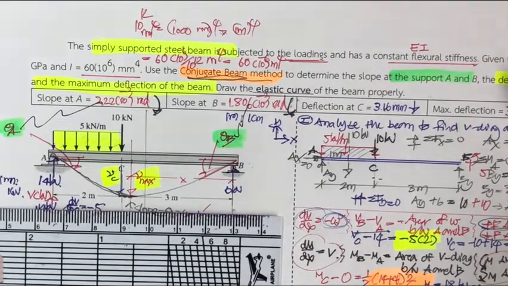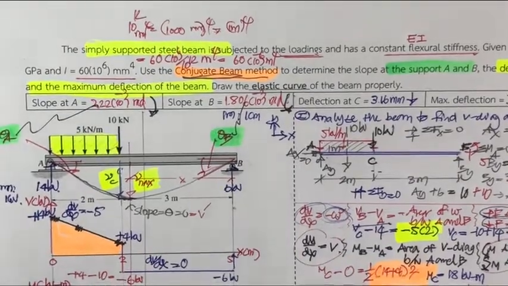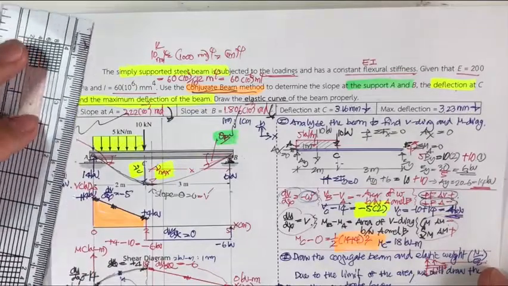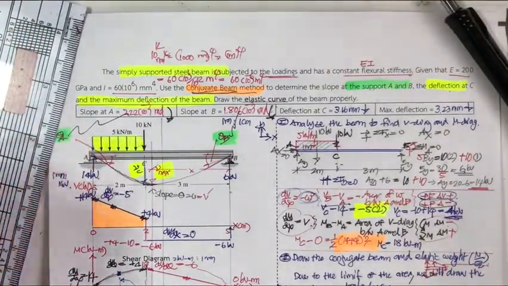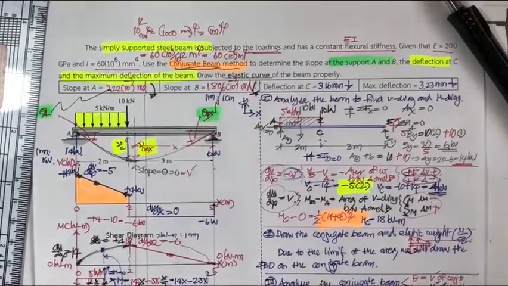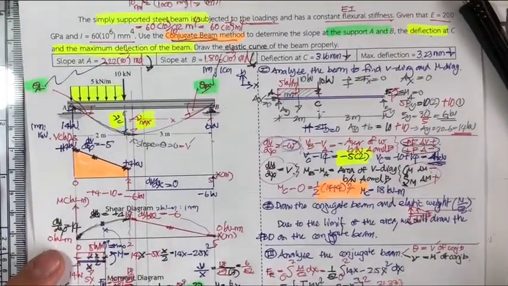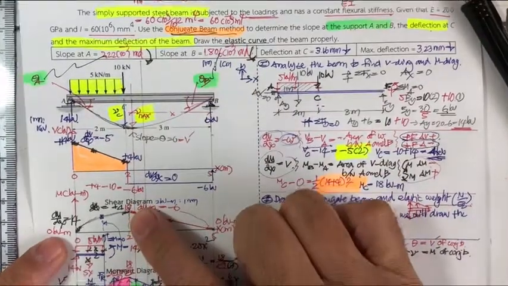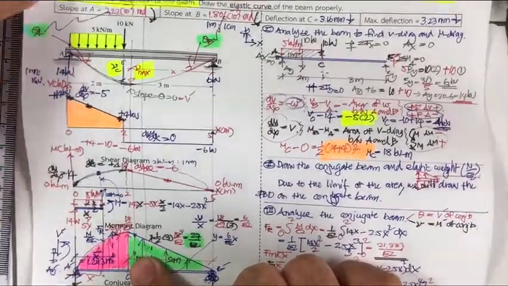Okay, that is what we have for this special problem, in which this time I introduce you to the uniformly distributed load, and then you do the same calculation procedure, except that the uniformly distributed load is going to produce the curved moment, and then you're going to have the curved elastic weight.